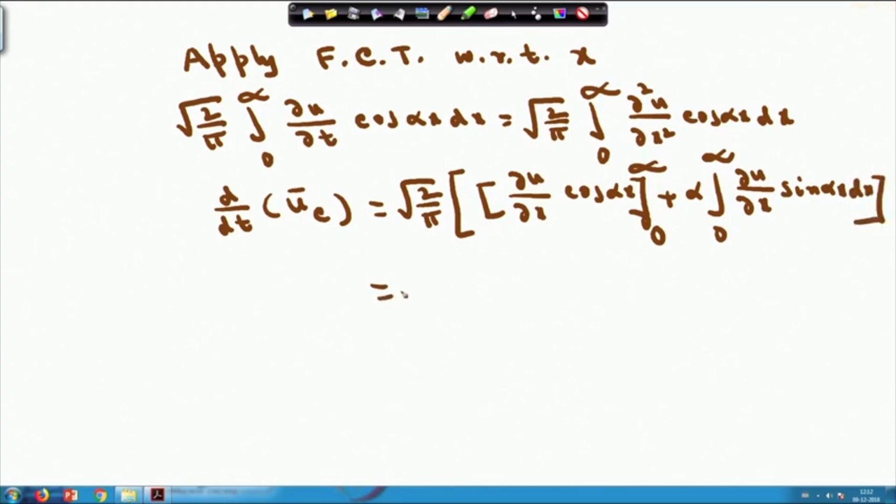And please note that for del u del x, it is given two things. One is u(0, t) is 0 and del u del x approaches 0 as x approaches infinity. These two conditions are provided.